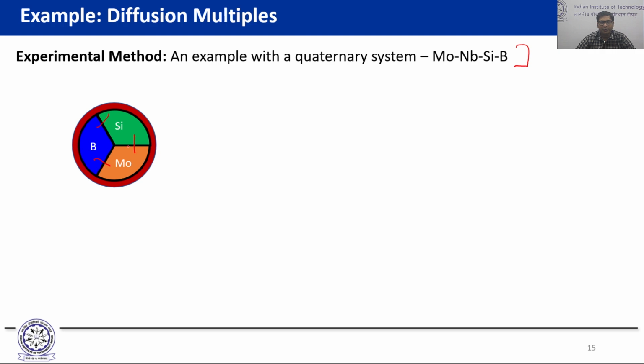Why niobium can? Because you'll be pressing everything together to ensure that all the interfaces are in proper contact, and niobium is relatively ductile amongst these 4 elements, and so you use the niobium can on the outside. So now you start generating the interface between moly and niobium, silicon and niobium, boron and niobium. So that is how you are creating this diffusion multiple.